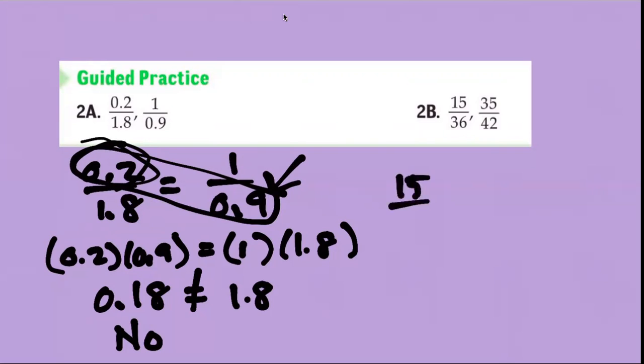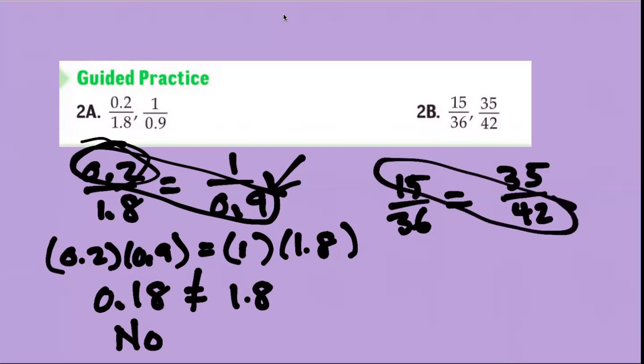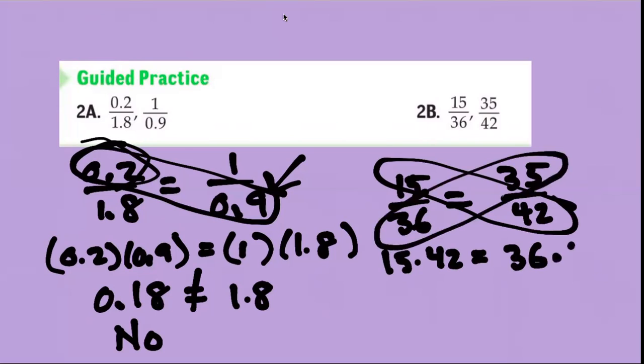All right, so 15/36 should equal 35/42. All right, and so we've got a nice big ugly multiplication problem here that I am completely not ready for. So we have 36 times 35.